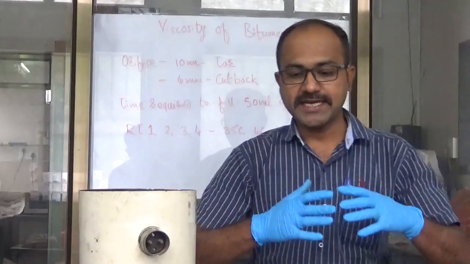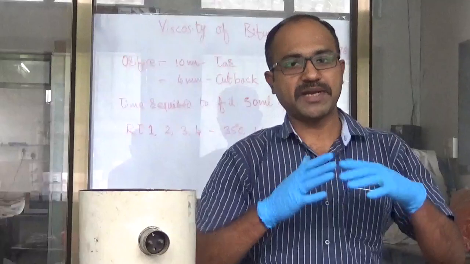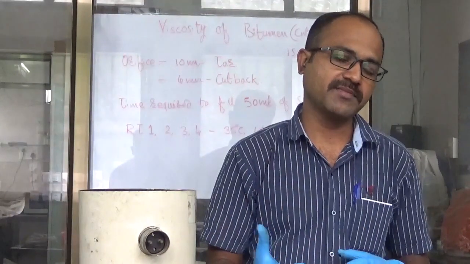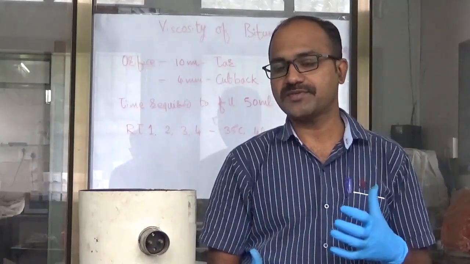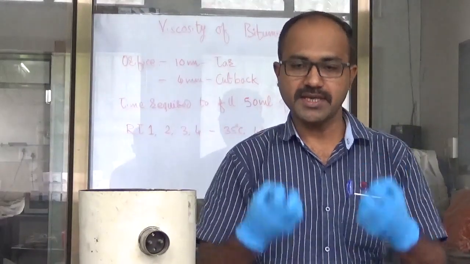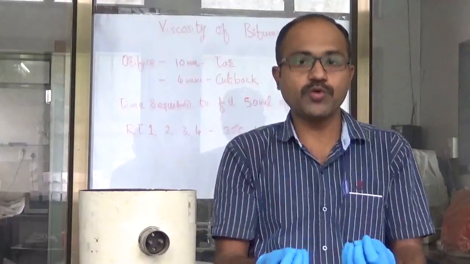Many times we are using the cutback as a prime coat also. When we are using the cutback as a prime coat, we need a specific viscosity, right? Because it needs to fill the voids of the system, so it should go through the voids.